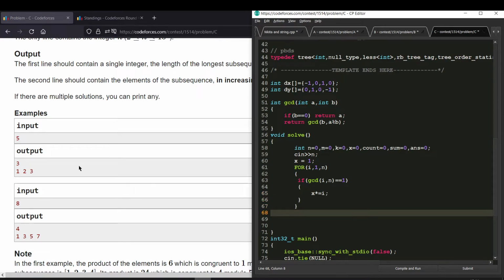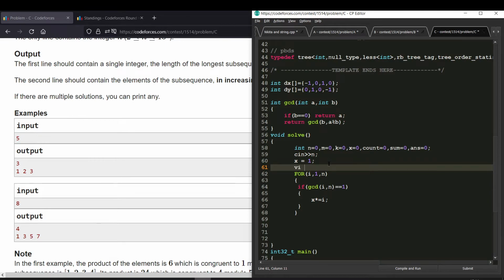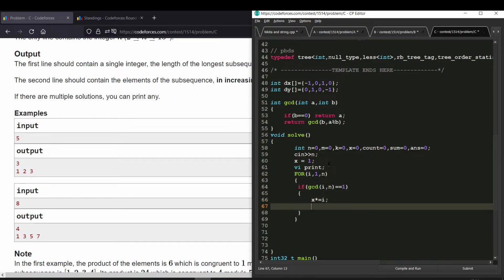Okay. So now the thing is, I have to eliminate. Now let's say x is not 1. Okay, if x is 1, then we have to print those numbers, right? If I have to print, then I have to store somewhere. Okay, let's take some vector, print vector. Now, if this value is valid, then I'll be pushing back the value into the print vector.